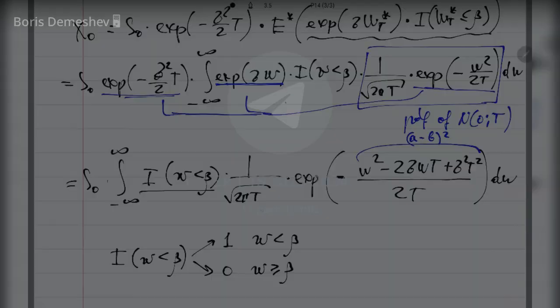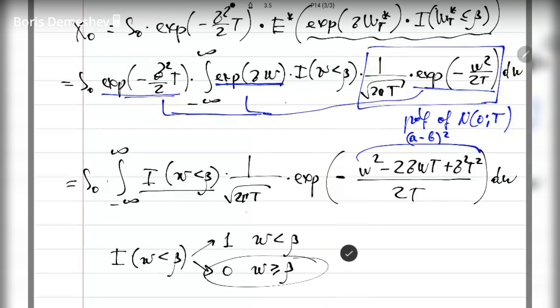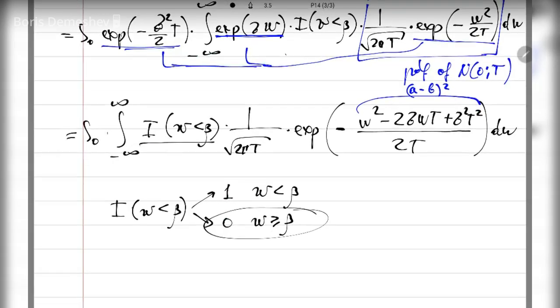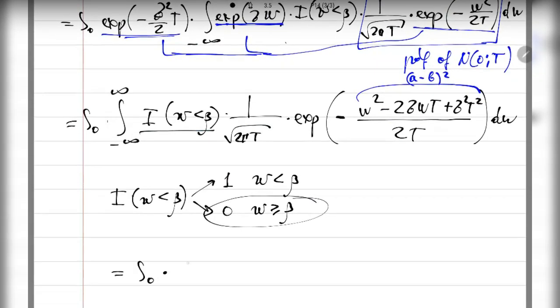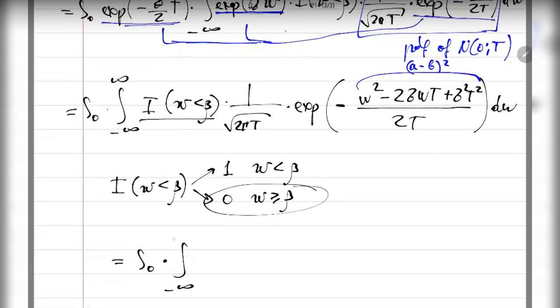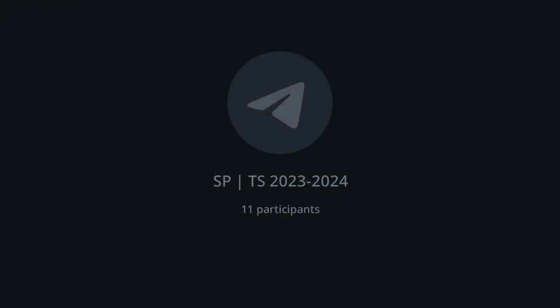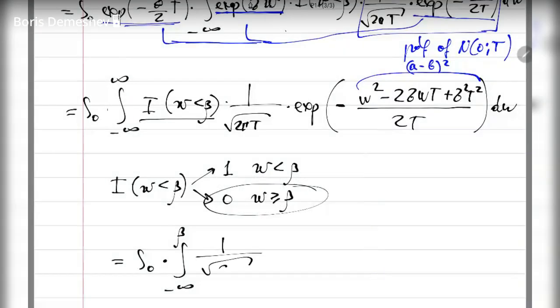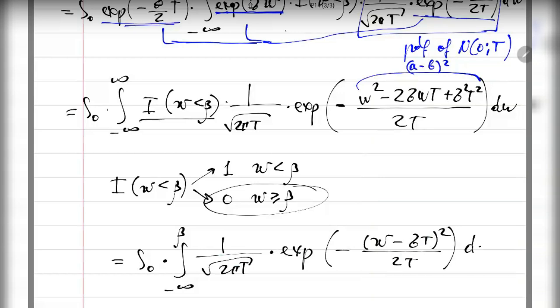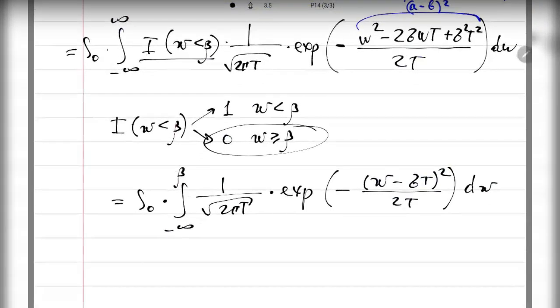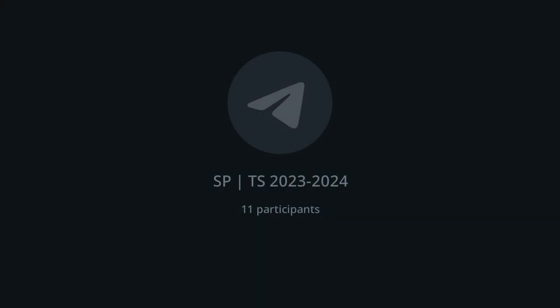Hence, my density is multiplied by 0 for big values of W. Hence, I may just write S0 times the integral from minus infinity up to beta of 1 over square root of 2 pi T exponent of minus W minus sigma T squared over 2T, dW.